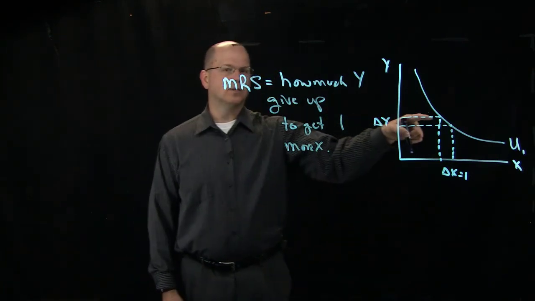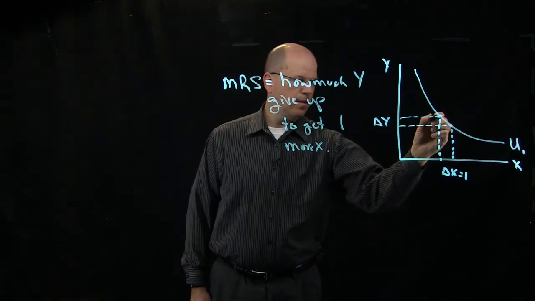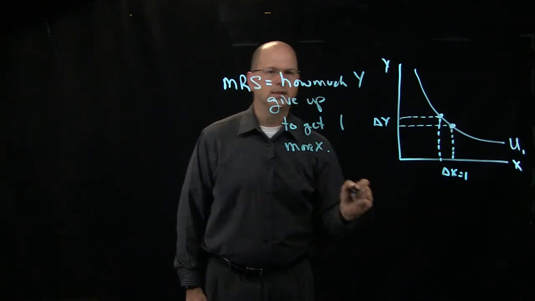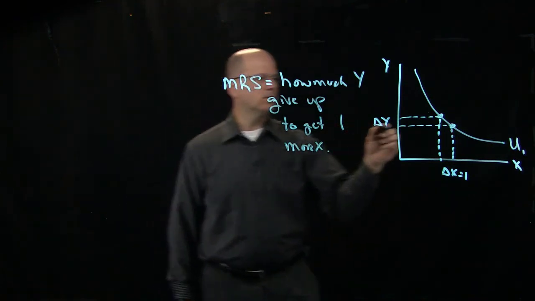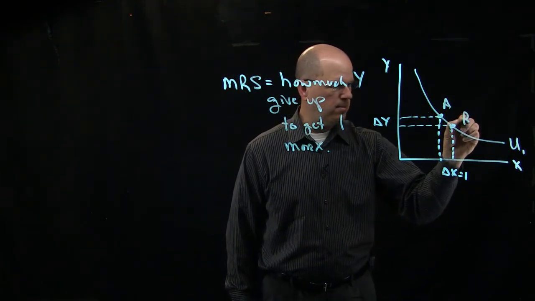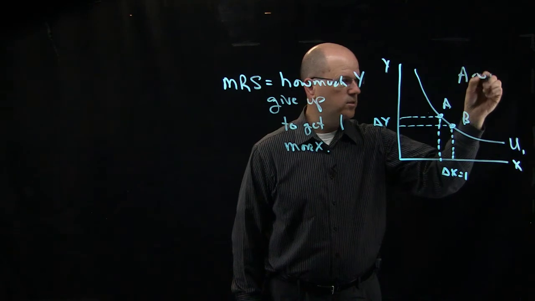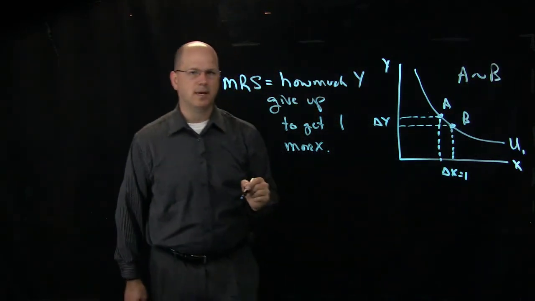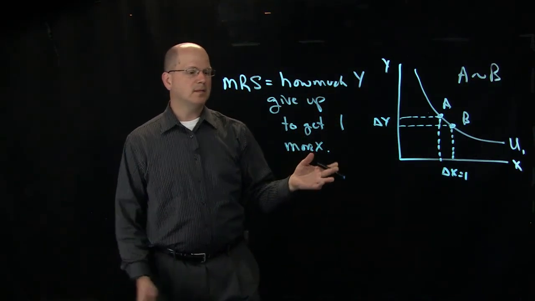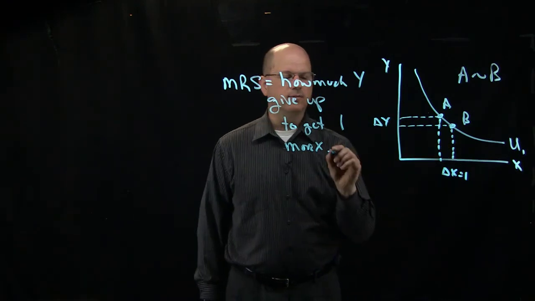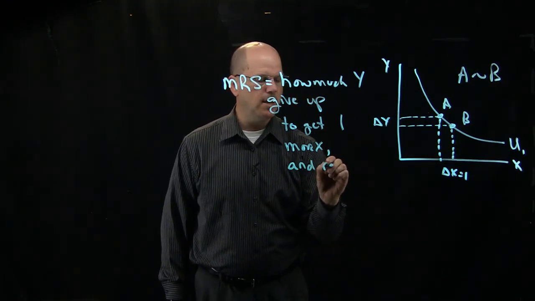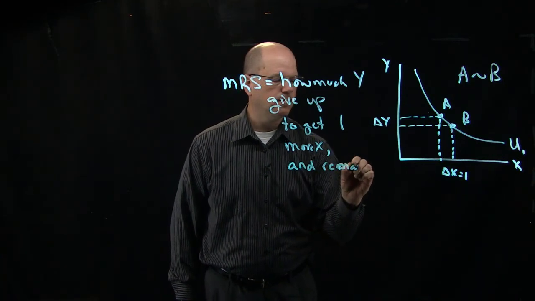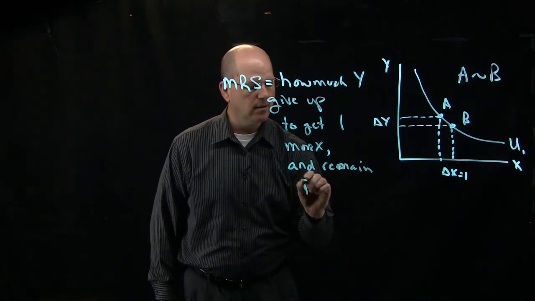And what was interesting about this point and this point? What must be true there? Well, it must be true that A and B, the consumer was indifferent between A and B. So that means that the consumer is equally satisfied, and remains indifferent.